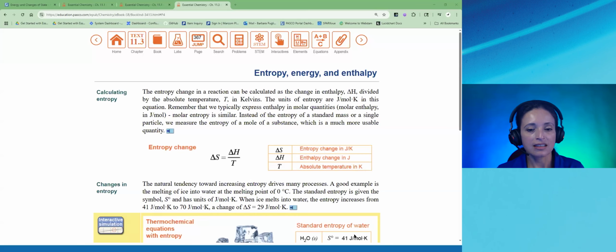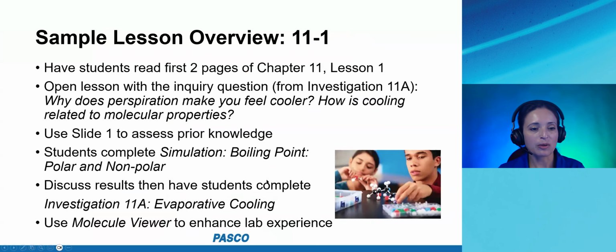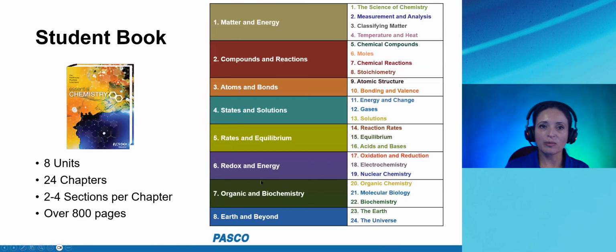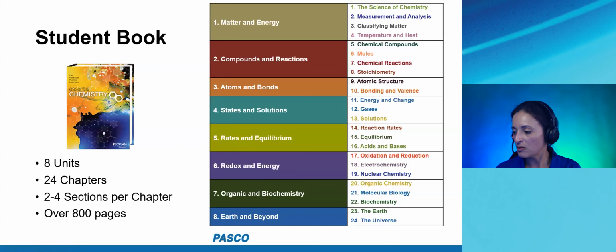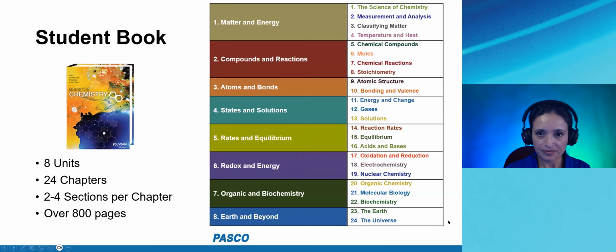So going back to the PowerPoint here, let's talk more about the book and what the structure is. So that was just a quick overview of what can the book look like? What can a lesson look like?